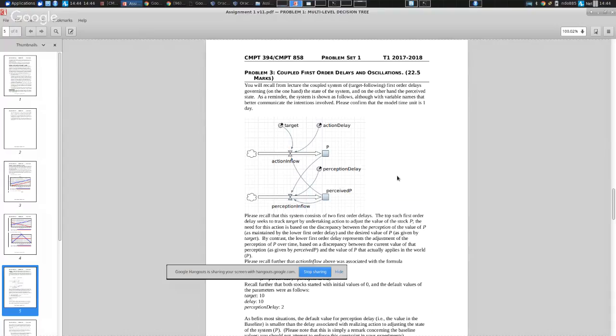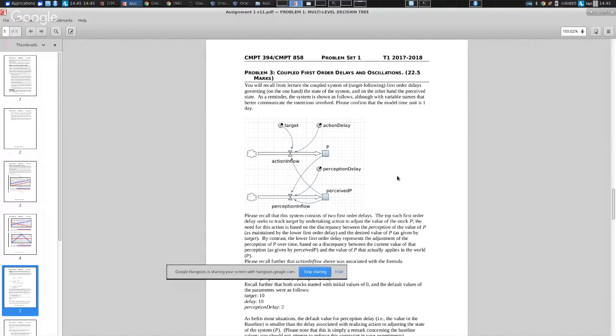So we're going to be representing these first order delays in two different ways. One way we introduced last time, where you have an inflow and outflow. Another way is where you have a single inflow, and you have something governing the rate of that inflow in terms of the values of the stock.